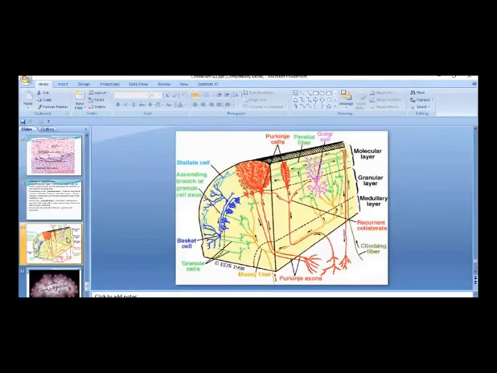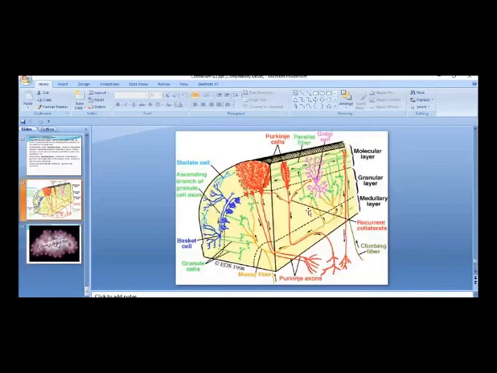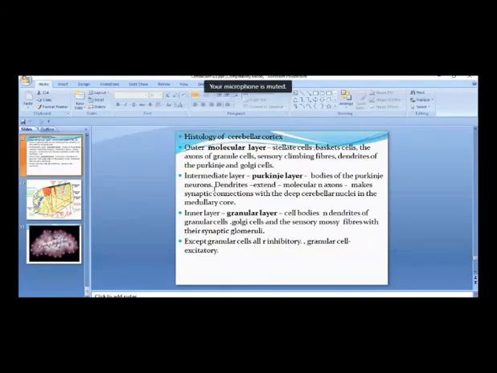You can see here in the molecular layer, this is stellate cells. Now these are the axons coming from the Purkinje cells. These are the dendrites coming from the Golgi cells. All are present in the molecular layer, whereas in the intermediate layer, the Purkinje layer, you can see the bodies of the Purkinje neurons.